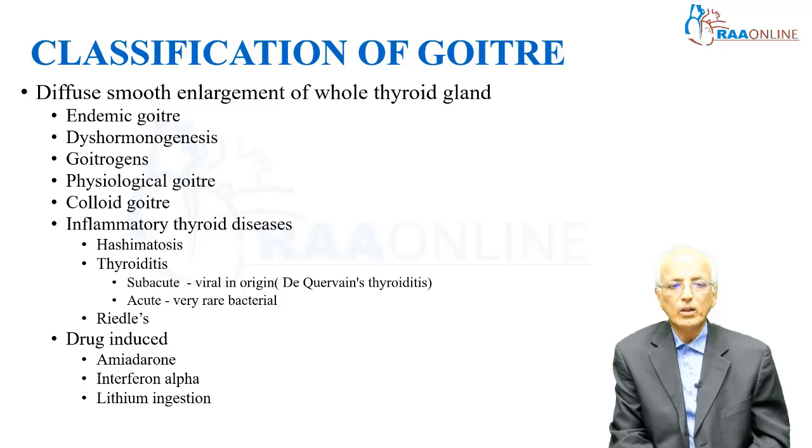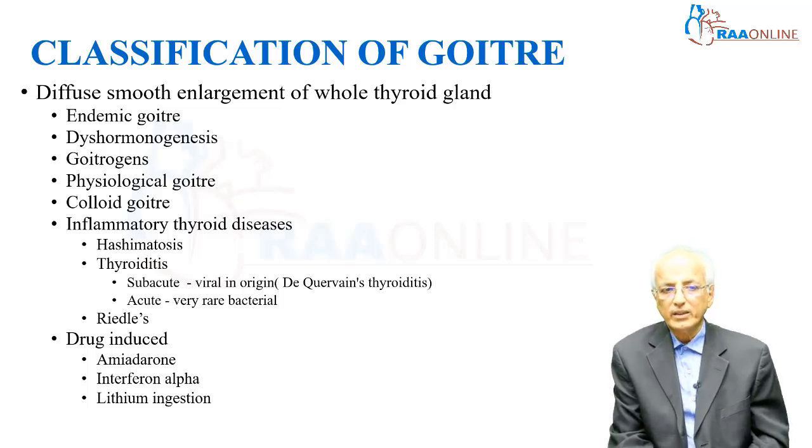There is an entity called colloid goiter, where there is a persistent increase in the size of the physiological goiter, and at the time of regression, some of the follicles coalesce to form cysts containing colloid, and you call it colloid goiter.